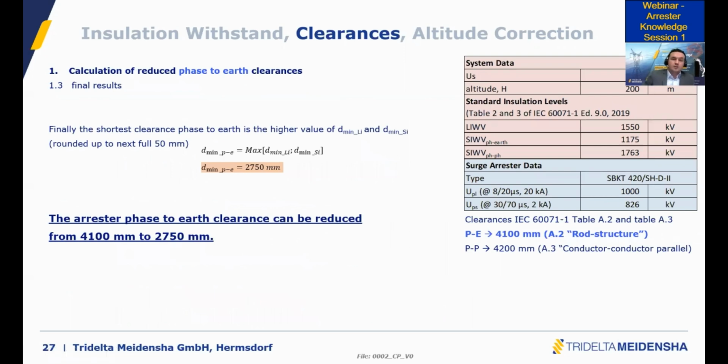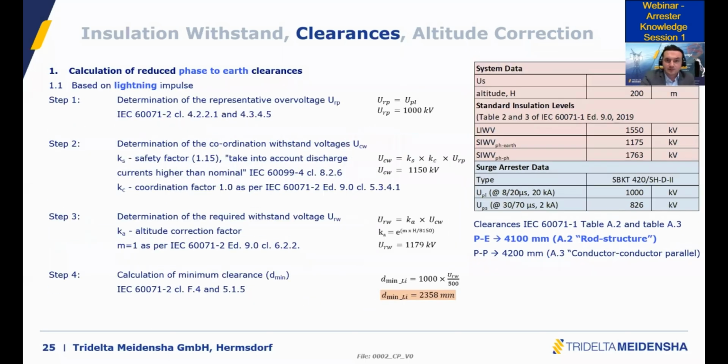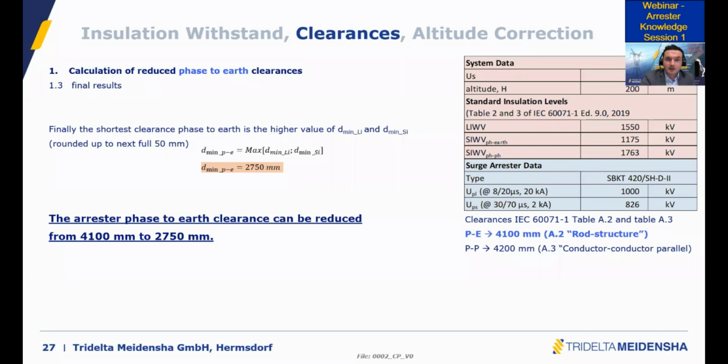So a conclusion for the phase to ground clearances: we are considering the worst case. In that case, the most critical overvoltage, or the most decisive dimensioning factor, will be the switching impulse withstand voltage, which makes sense actually for a voltage of 550 kV.